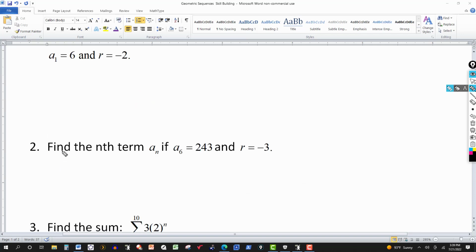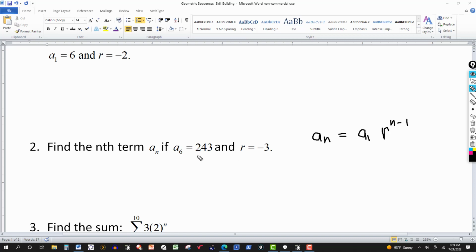Okay, the next one, we want to find the nth term, a sub n again. But see, in this case, they don't give you the first term. They give you the sixth term. It's equal to 243, and the common ratio is -3. So we know that the formula for the nth term in general is a sub n equals the first term times r, the common ratio, to the n minus 1.